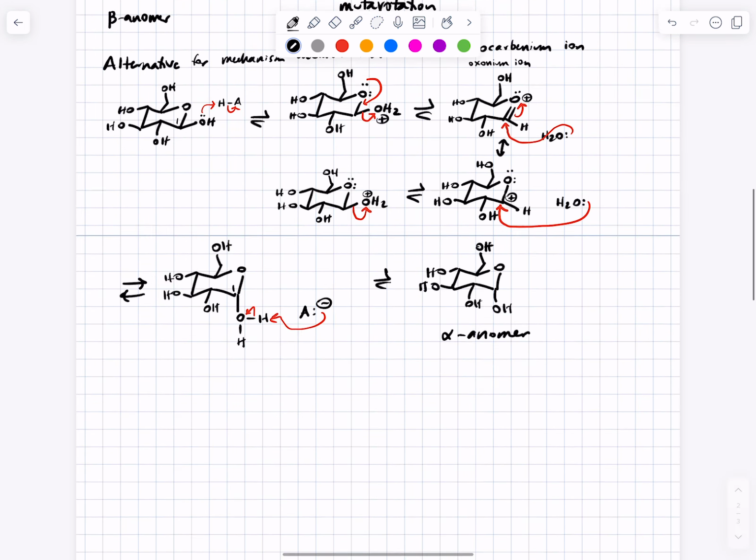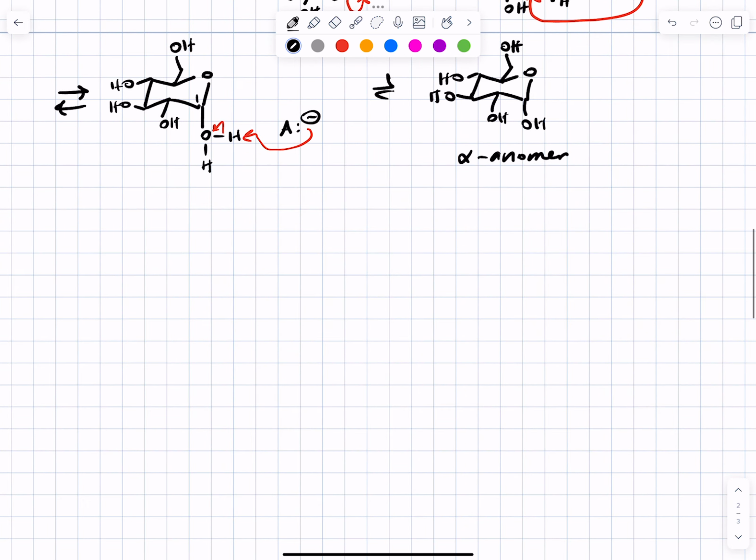Anytime two stereoisomers are in equilibrium with each other, it's fair to ask, okay, what's the ratio between the two of them? And for two things in equilibrium, the only thing that determines the ratio between them is their relative stabilities.